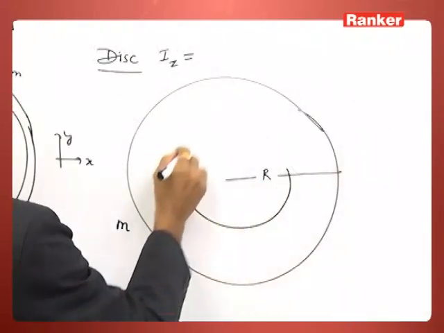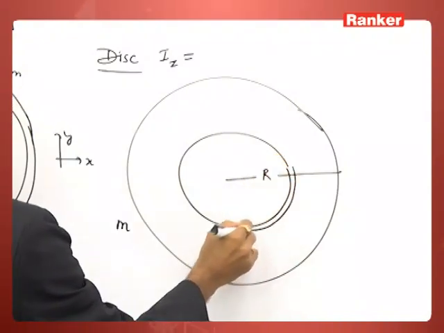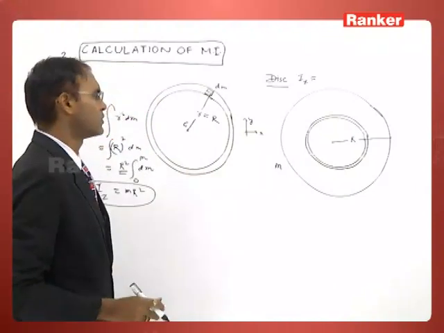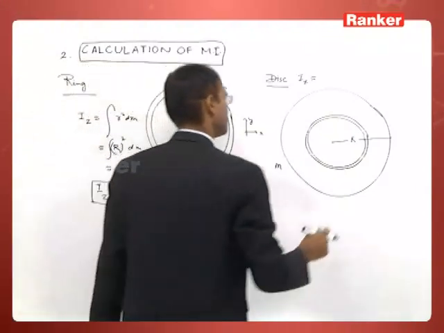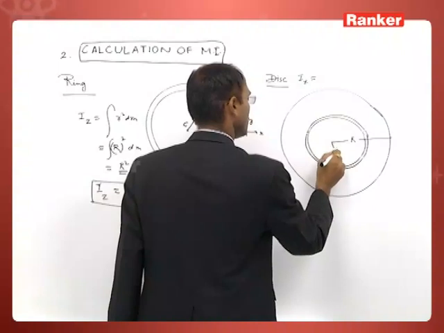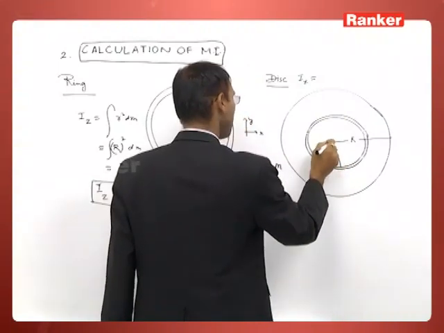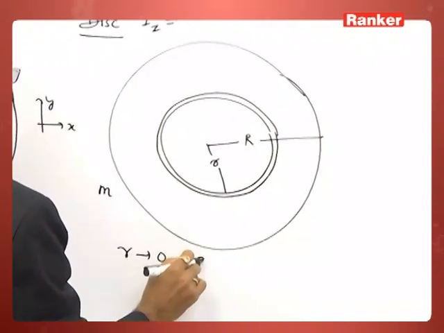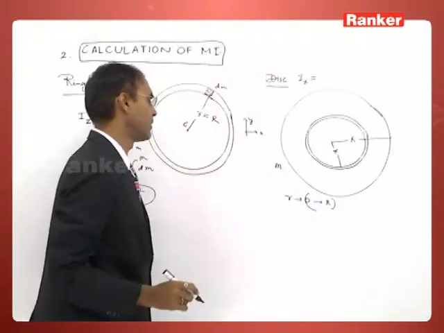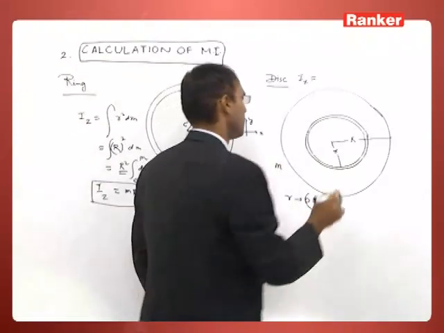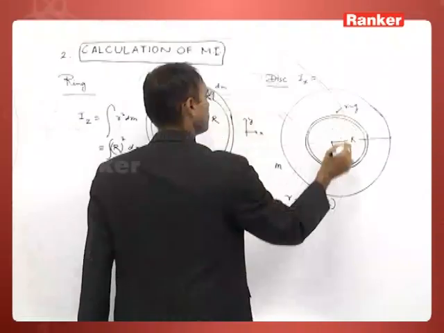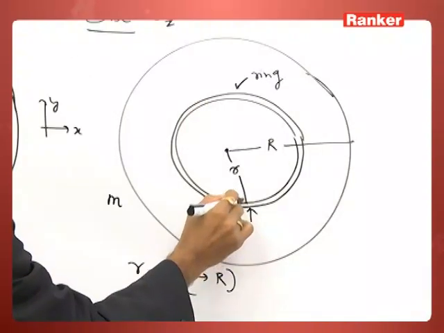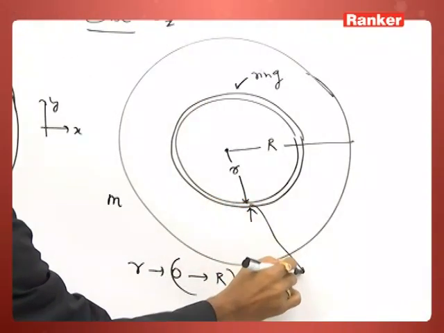As you know, a disk is the combination of so many concentric rings whose radius ranges from 0 to the radius of the disk. Let us take a ring of radius small r and its thickness let be dr.